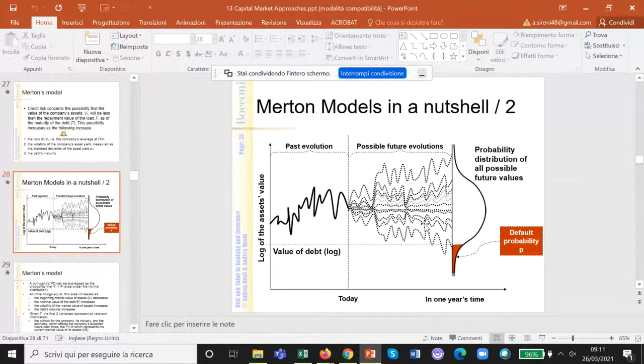I mean, if you were running a utility company or a supermarket, the uncertainty about future cash flows is very low. And therefore, asset volatility is very low because business risk is low. Okay. If you are running a high-tech company, a biotech company, there's a lot of potential, but there's a lot of uncertainty, i.e. a lot of asset volatility.